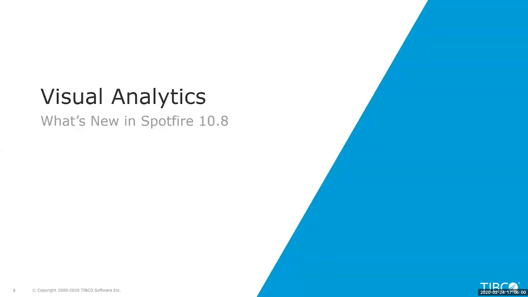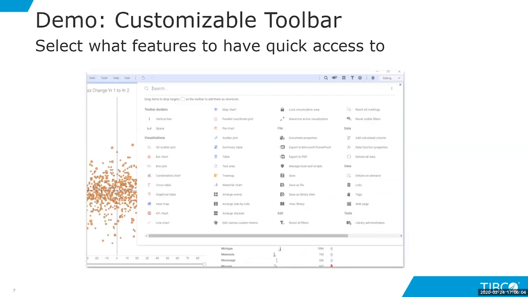But let's now start with the visual analytics features, and the first one I wanted to speak about is the customizable toolbar. Spotfire 10, as you are probably aware, did not have the same kind of toolbar as was present in Spotfire 7.x and earlier versions, where you have lots of different shortcuts to some of the features in the toolbar.